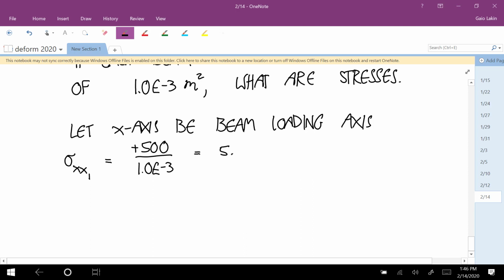And so that's 5 times 10 to the 5th pascals. For member 2, we have positive 250 divided by the cross-sectional area.